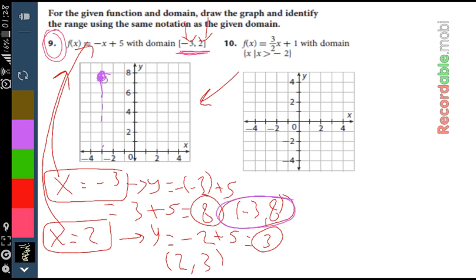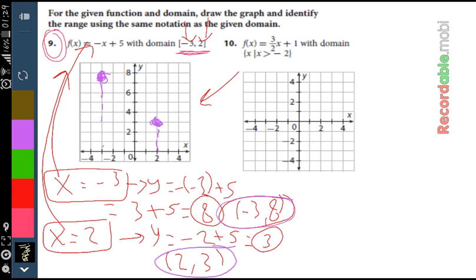Second, I'm going to locate this point, which is 2 and 3. So at x equals 2, I'm going to go up until I reach this point and make a shaded circle also, because x equals 2 is included inside the domain.